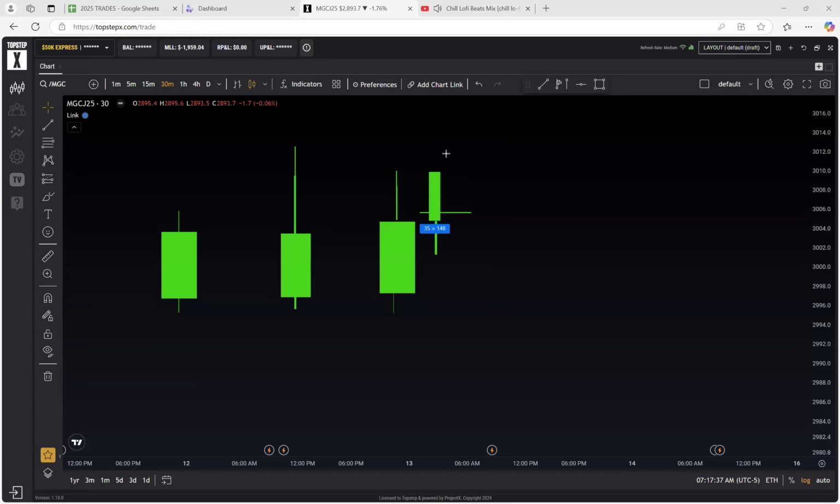So in this case, it would make sense to look for a wick fill because the wick is not bigger than the body, which means it doesn't have a rejection wick on it, but it's a good healthy candlestick to continue making healthy candlesticks in the direction that we are closing, which is bullish, right?